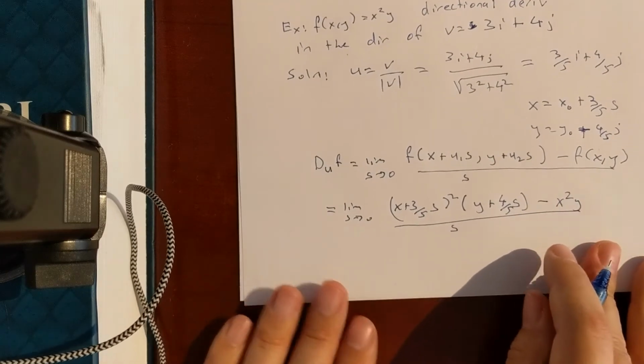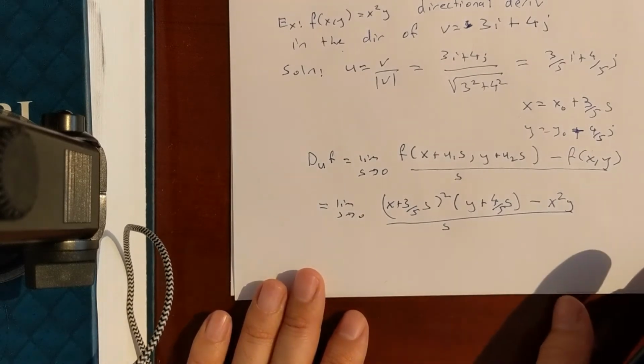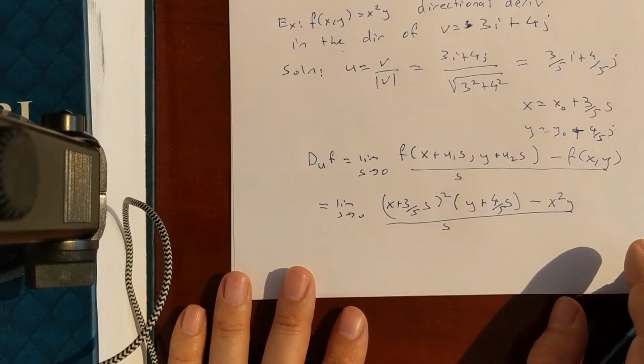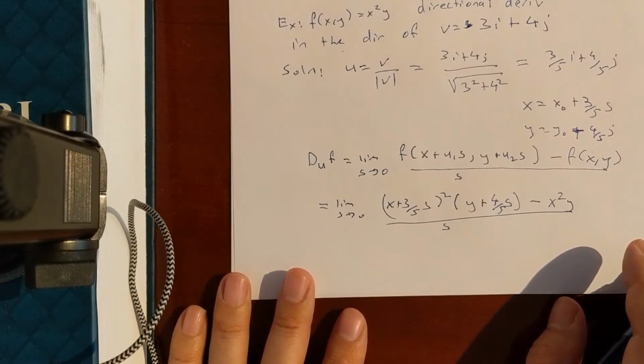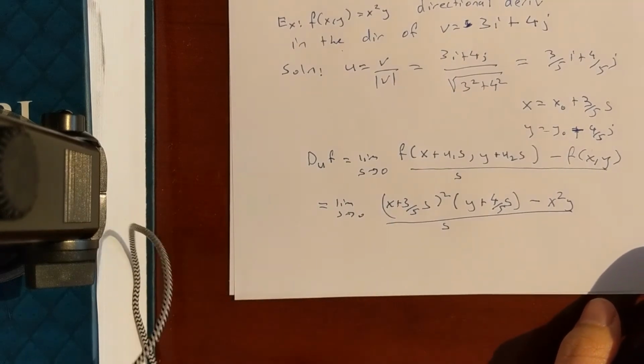There's a saying that a good mathematician is a lazy mathematician. I look at this and I really don't want to calculate this. Some engineer could do it. So I'm going to think of a smart way.